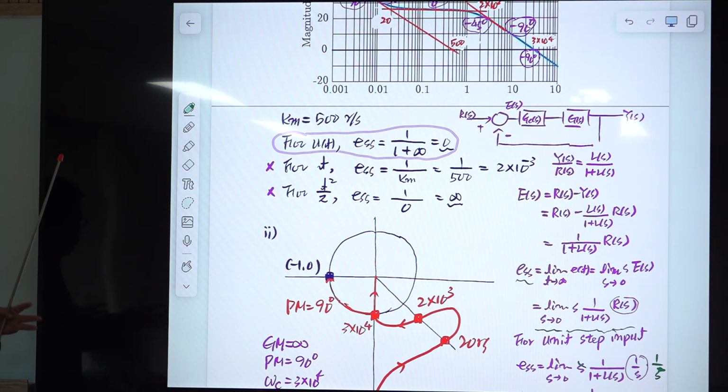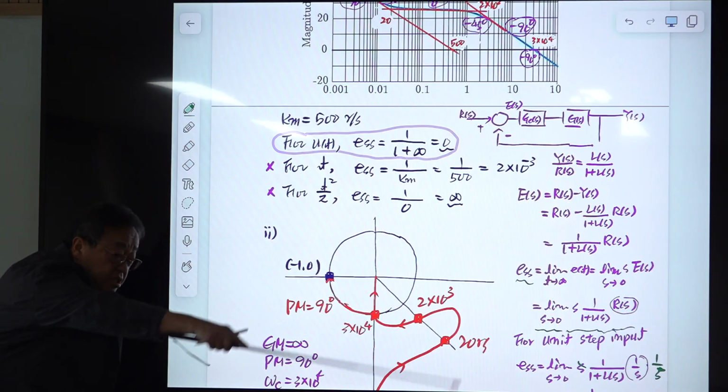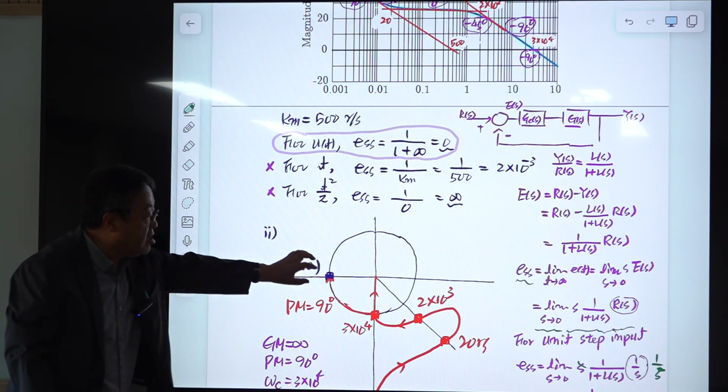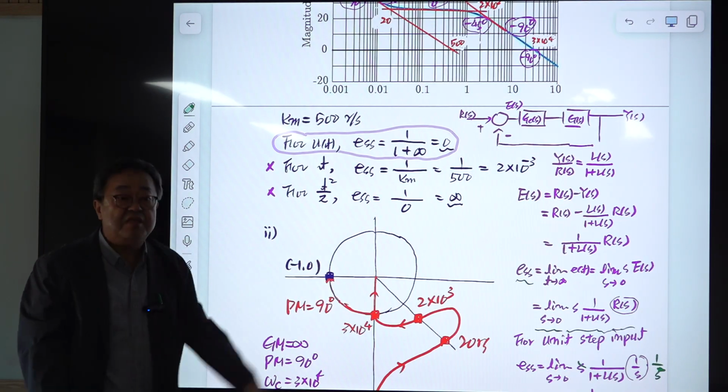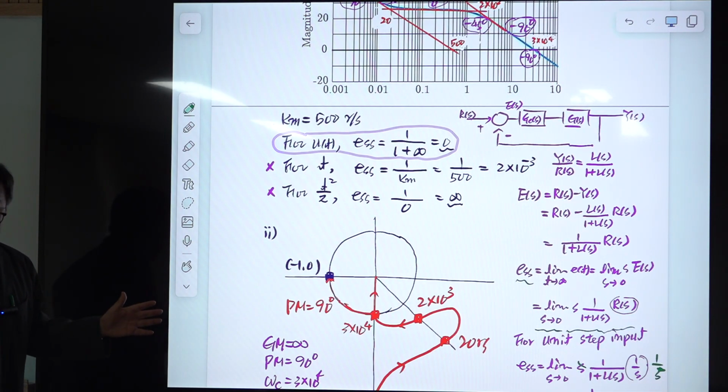If you increase the gain while phase is fixed, the shape remains the same, and this curve just expands out, like this. It never encircles this point. That means the gain margin is infinity. By increasing only gain, you cannot destabilize this system. That is the message from that.